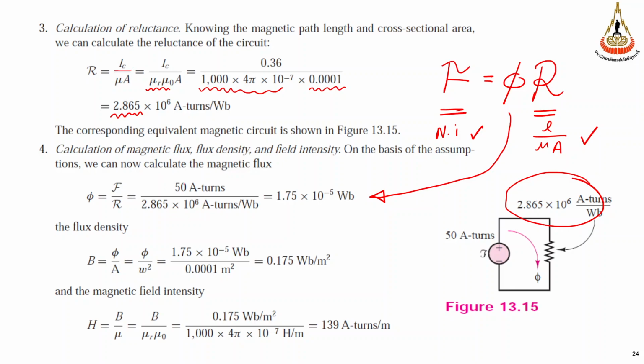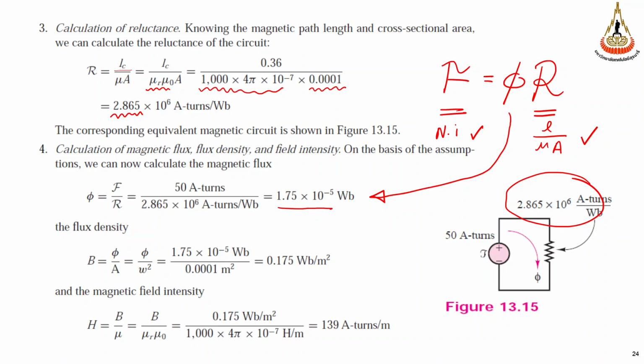We calculate the magnetic flux by magnetomotive force divided by reluctance. So we get the flux in Weber.